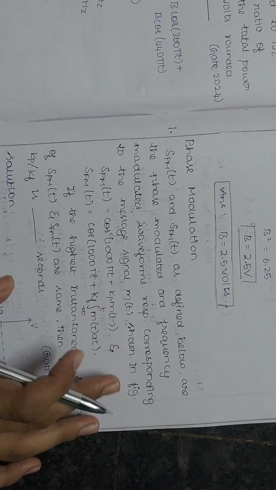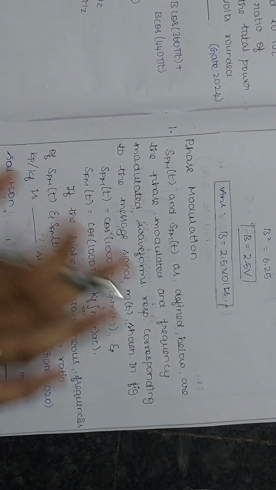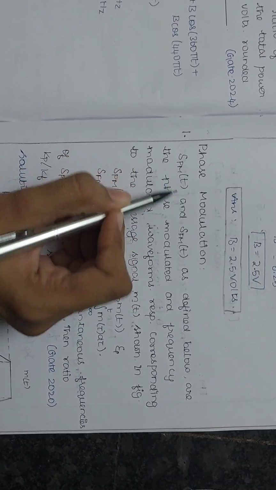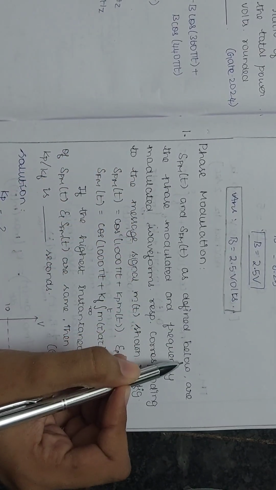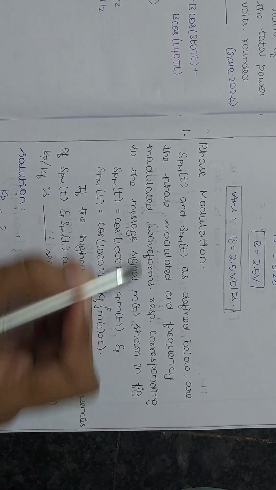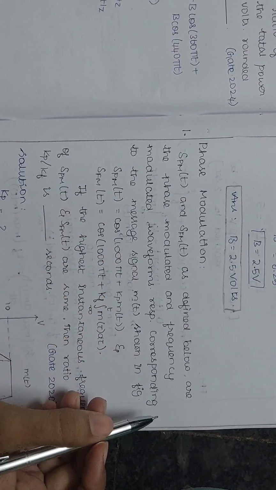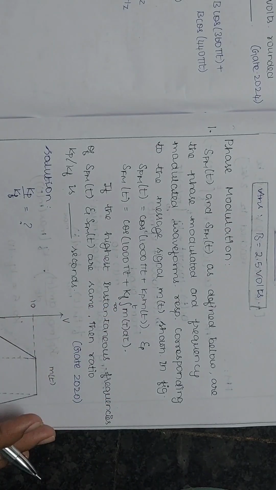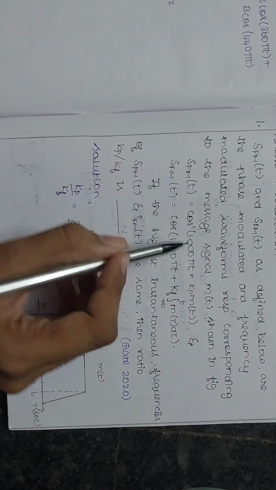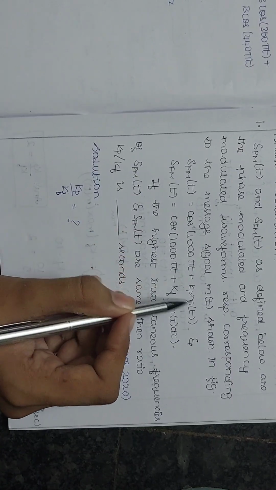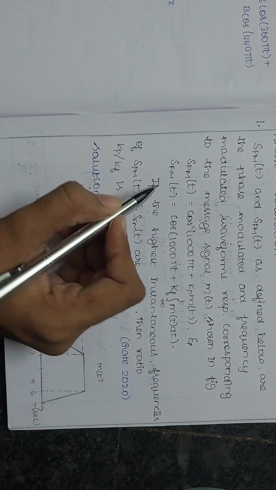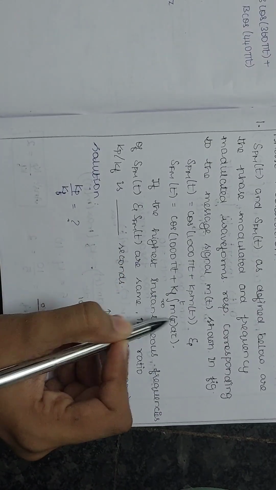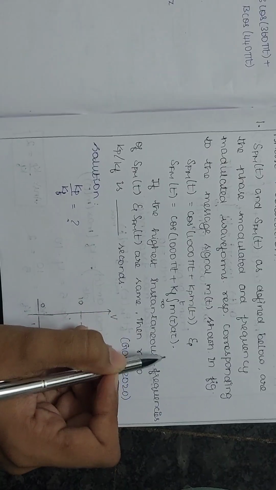Next question, we'll see in phase modulation. They gave the question as: S PM of t and S FM of t are defined below, the phase modulated and frequency modulated waveforms respectively corresponding to the message signal m of t shown in the figure. S PM of t is equal to cos of 1000 pi t plus Kp m of t, and S FM of t is equal to cos of 1000 pi t plus Kf times the integral from minus infinity to t of m of tau d tau.